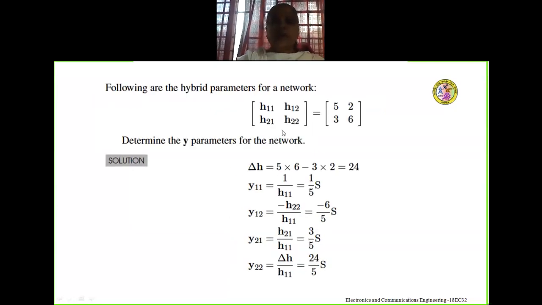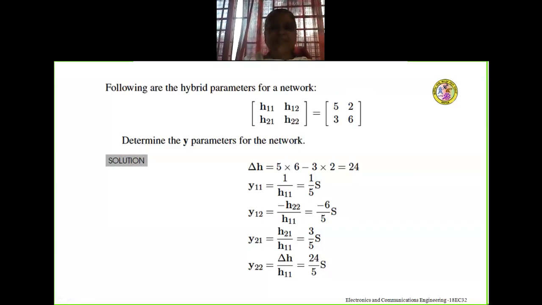Now, let's see another problem wherein we have hybrid parameters and we need to determine Y parameters, and the hybrid parameter matrix is 5, 2, 3, 6.